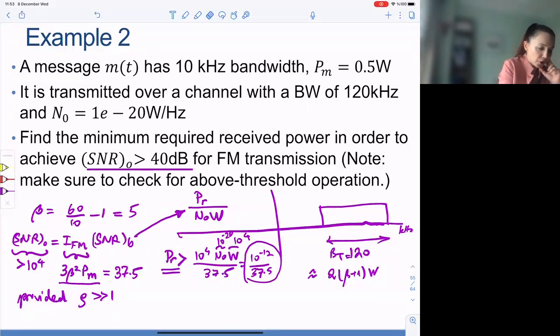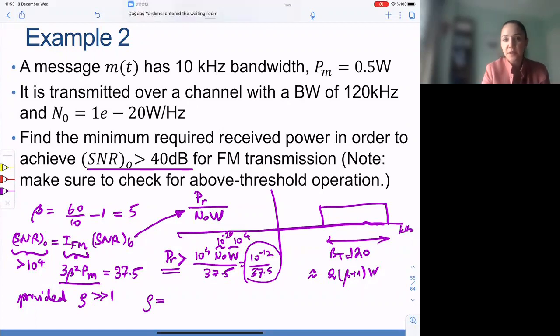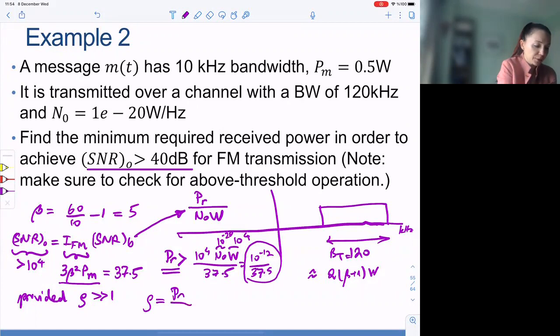The CNR rho is P_R, or A_c squared over 2, depending on which one, but right now we're working with P_R, divided by the noise power in the total transmission bandwidth B_T.